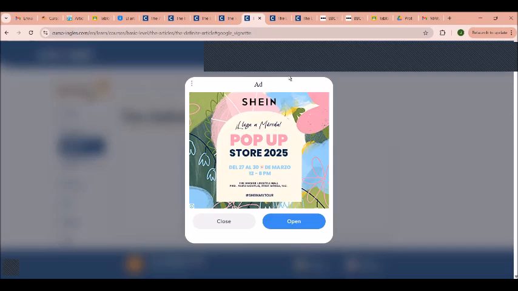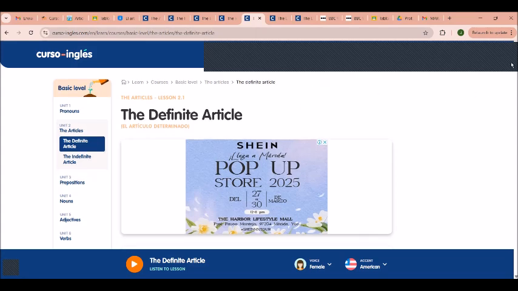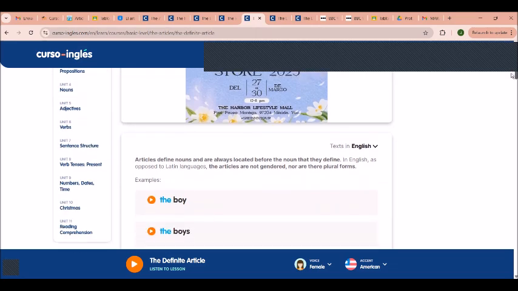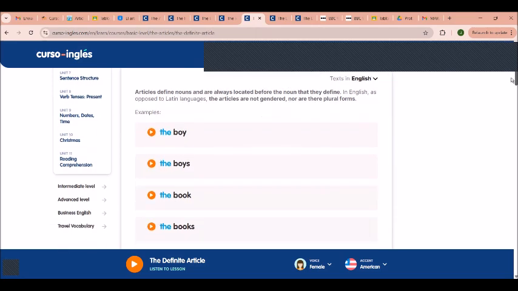So start off with the definite article. As the name suggests, it is determined by being something or someone that is specified. Unlike Spanish and other Latin languages, to be completely clear, English does not do gendered articles.